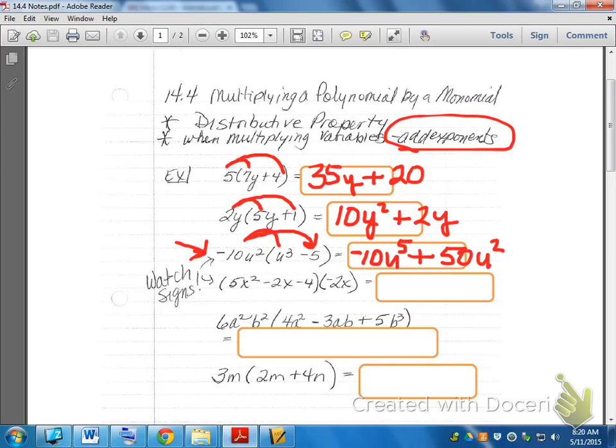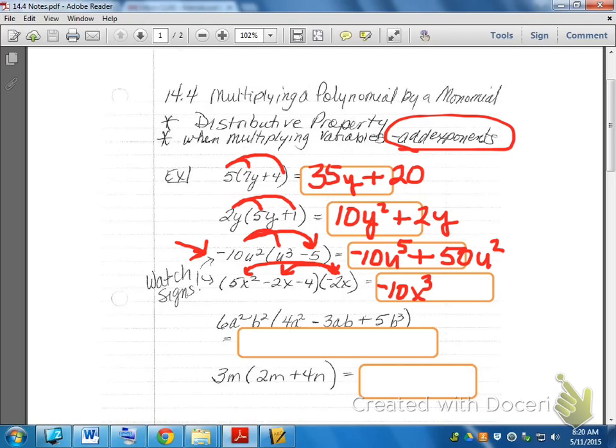The next one, I've added that one in just because it's different. It's got the number you distribute, or the monomial, on the back side, on the right. So I'm going to distribute like this, negative 2x, and you go all the way back to 5x squared. So negative 2 times 5 would be negative 10, and x times x to the second would be x to the third. Then I take negative 2x times negative 2x.